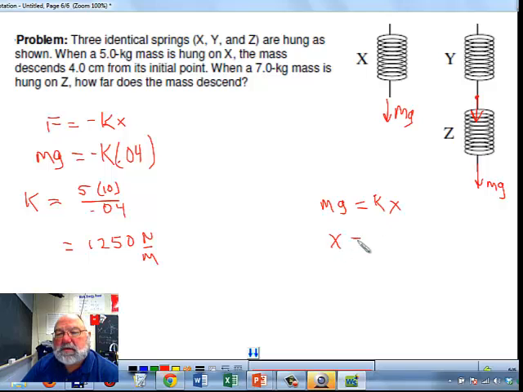So x is equal to mg over k, which is equal to 7 times 9.8. Let's use 10 again. Let's be consistent with 10. 7 times 10 over 1,250.